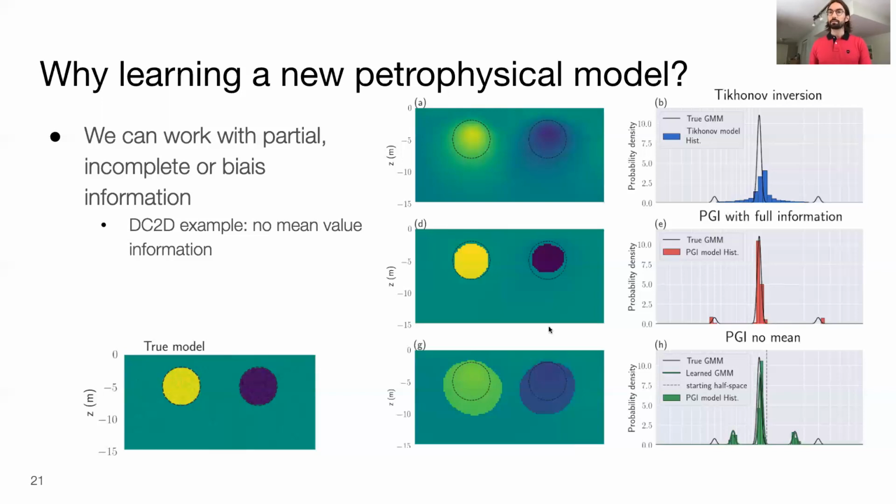I do not recover the true mean of the physical properties, but I'm able to recover sharp bodies that have somewhat the right shape. That is all just from making the assumption, which you can now make with that algorithm, that there are 3 units. Find me a model with 3 distinct units, and that's what the algorithm does.